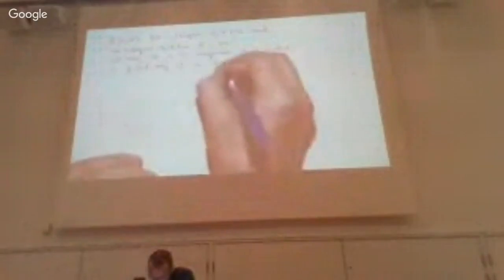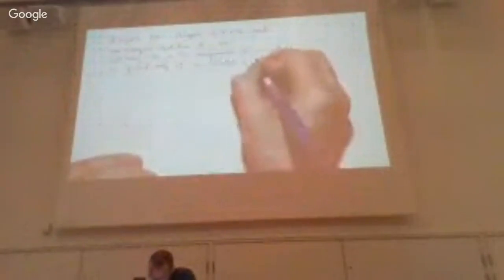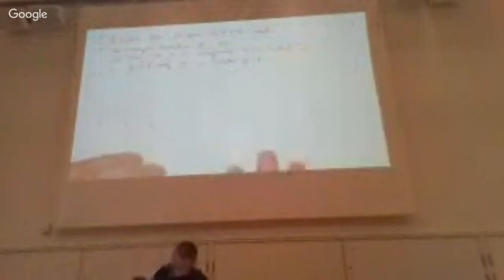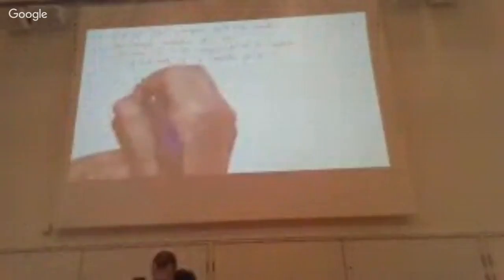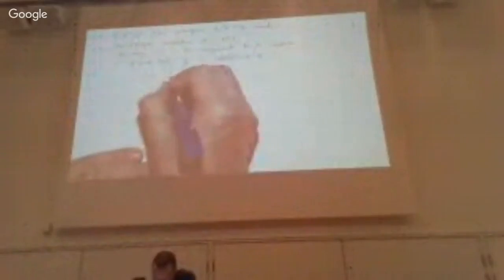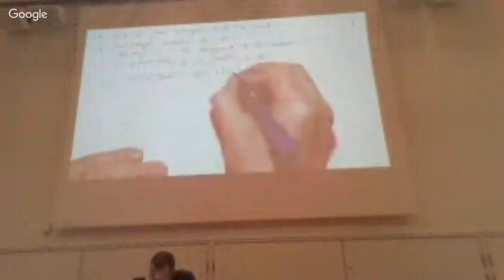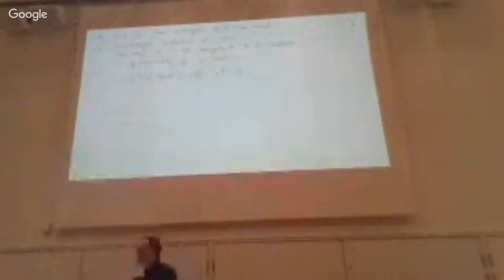If and only if n divides a minus b. I.e., in other words, a is congruent to b modulo n is equivalent to the fact that n divides the difference a minus b. Okay, so that's the definition of it.